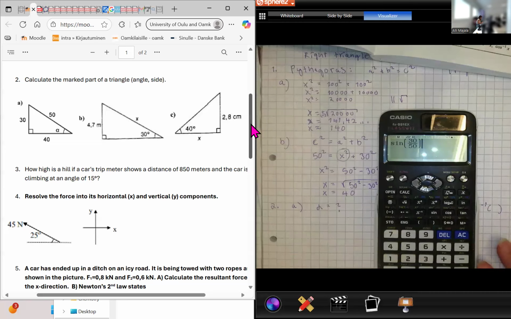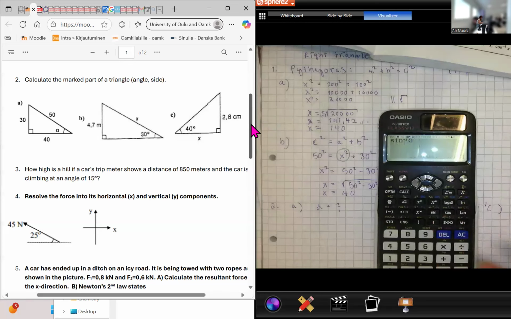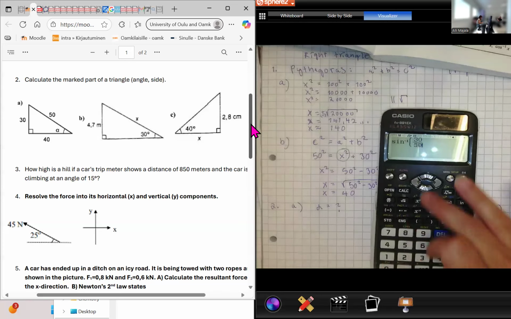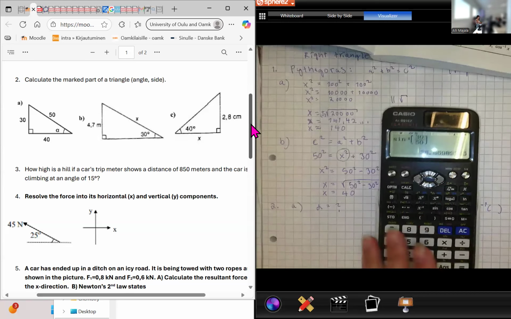So if I now do like this, what is this? Maybe it's not the angle. Now we would already know that this is too small a number, yeah? No. So I have to still do like this. Now I'm doing the correct operation. And then I get something reasonable there.